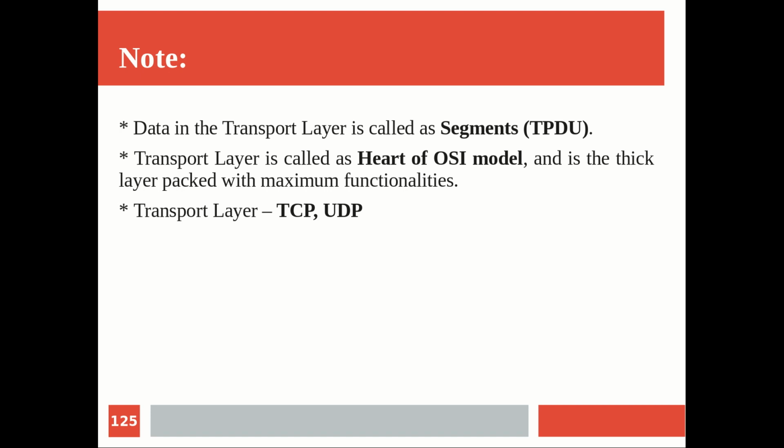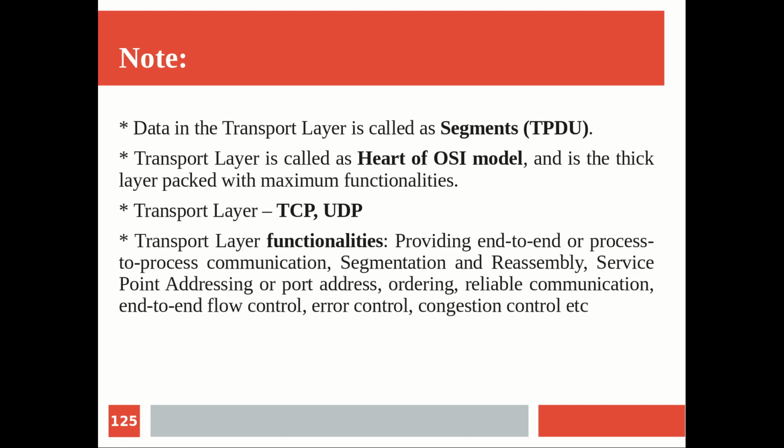Let me tell you one thing: we have already seen the connection oriented service, right? TCP is providing connection oriented reliable service, whereas UDP is providing connectionless, faster and unreliable service. Now if you look at the transport layer functionality, compared to all other layers, the one doing the maximum number of functionalities is the transport layer, so we call it a thick layer even.